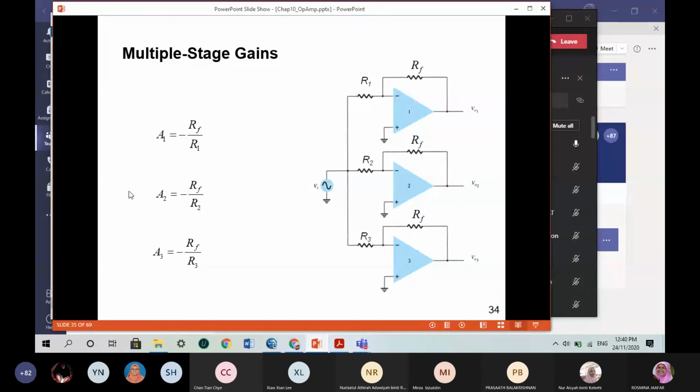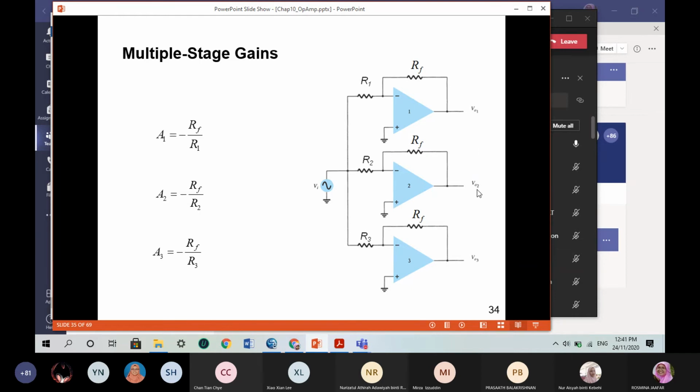Okay, so when you have A1, A2, A3, these values, the overall gain will be... no, you have individual gains. VO1 will be based on this gain.